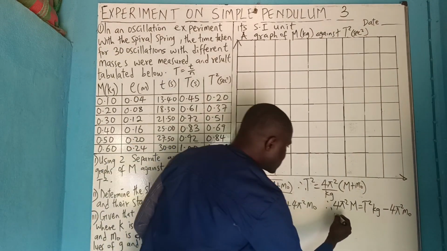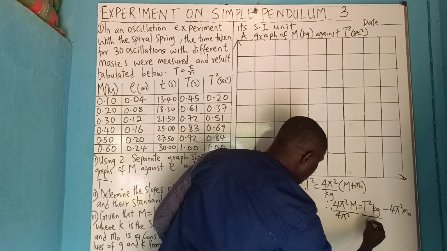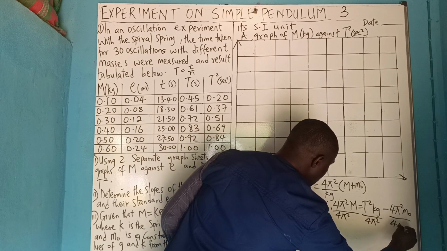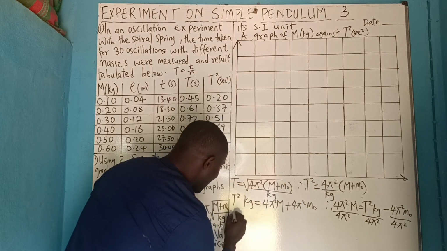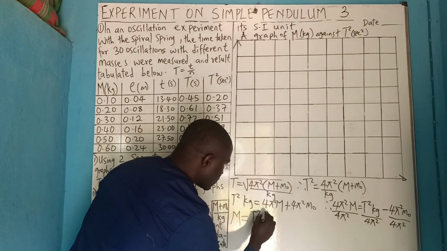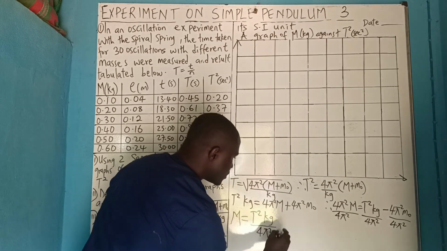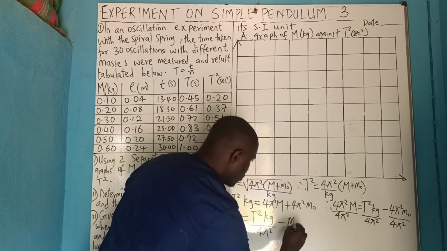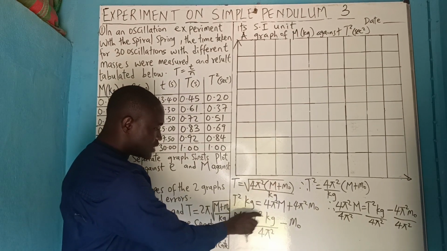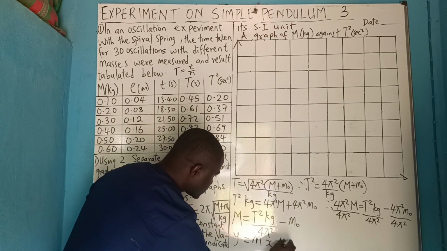Then divide everything by what? 4 pi squared. You will have that m is equal to T squared kg all over 4 pi squared minus m0.